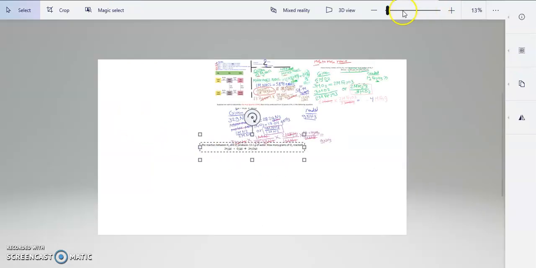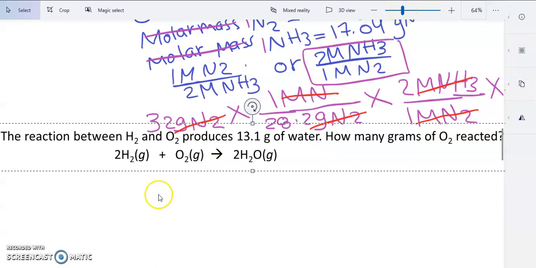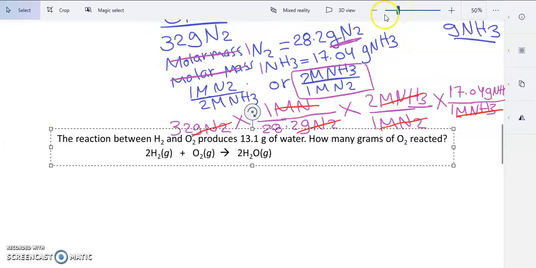Okay, move it here. So here it's asking about the reaction between hydrogen and oxygen to produce this amount of water. How many grams of oxygen is reacting? Okay, so again, given and needed.